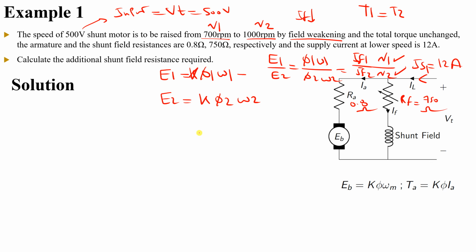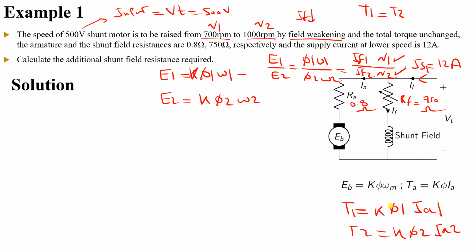Number 2, for torque we have T1 equals K phi 1 I armature 1, and torque 2 equals K phi 2 I armature 2, right? Because the armature current changed, flux changed.